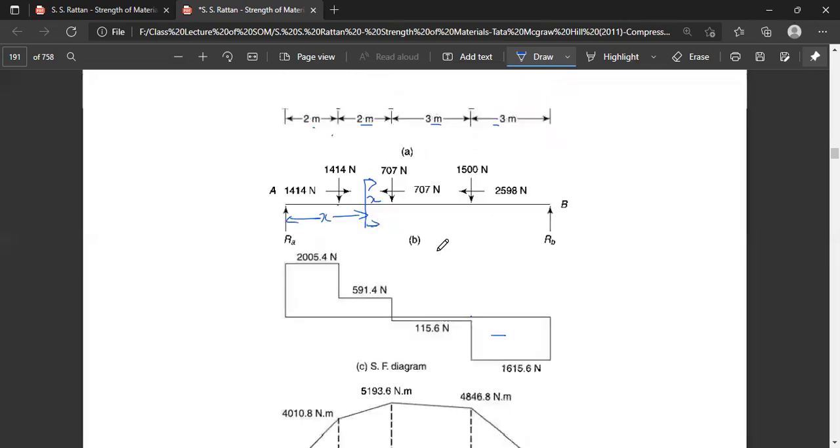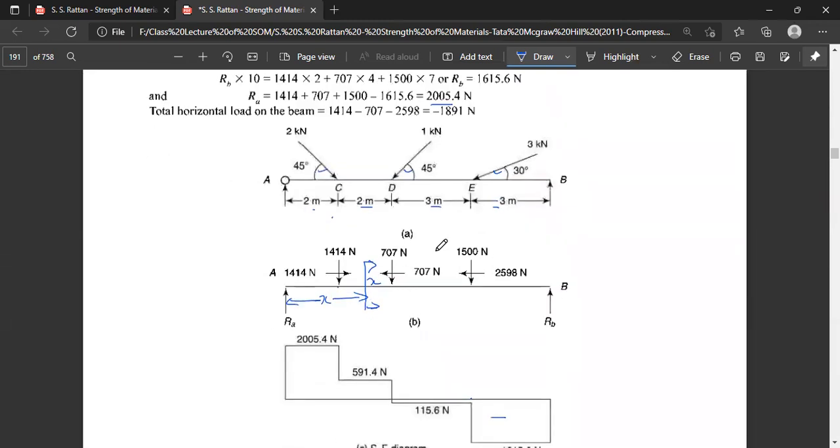Next, if we take a section somewhere here, let the section point be X. So the distance of this force is X minus 4.